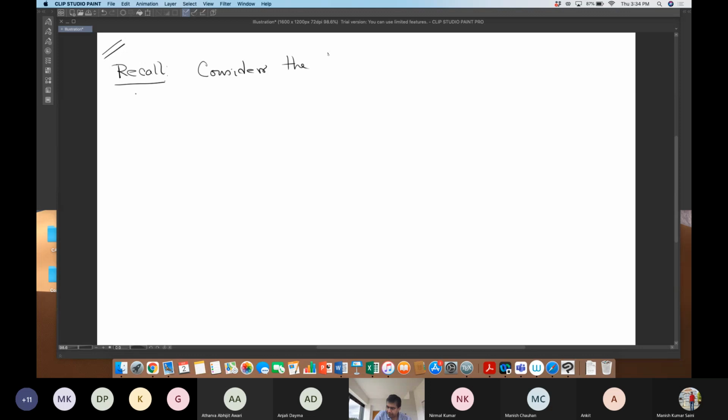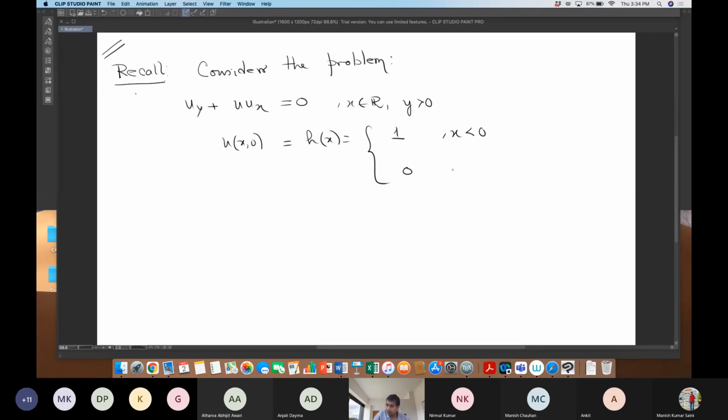Consider the problem: u_y plus u_x equal to 0, x belongs to R and y positive, and u of x, 0 is h(x), which is discontinuous. That is 1 when x is less than 0, 0 when x is positive. Okay?